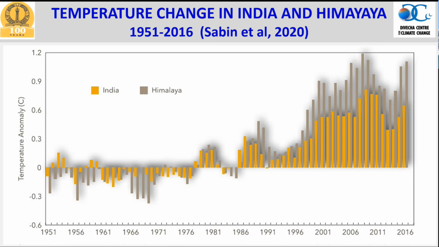If you look into this figure, from the 1950s to 70s the temperature in Himalaya was much lower, and as of now, from the mid 80s, it is significantly higher than the temperature over the overall India, suggesting that as we go higher into the atmosphere, either cooling effect or warming effect is much higher than the mean effect which you see around mean sea level.